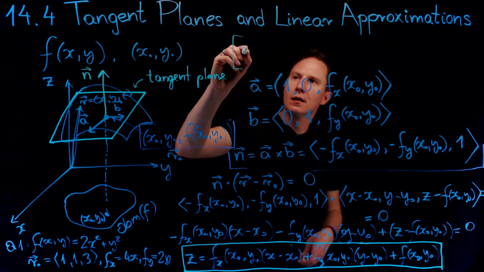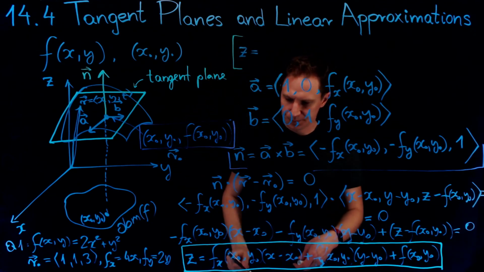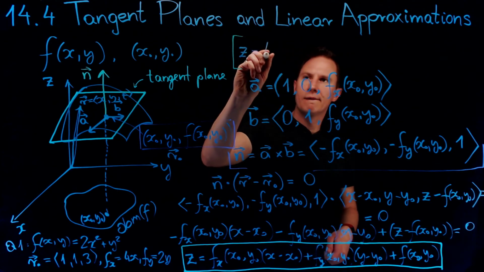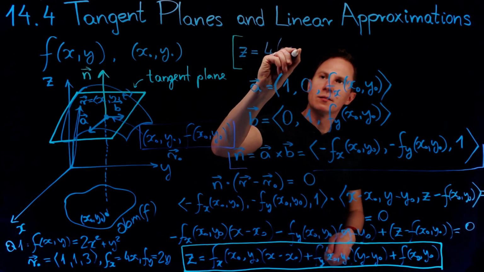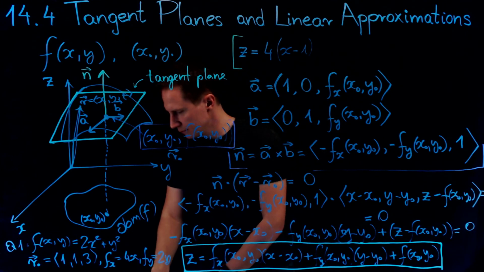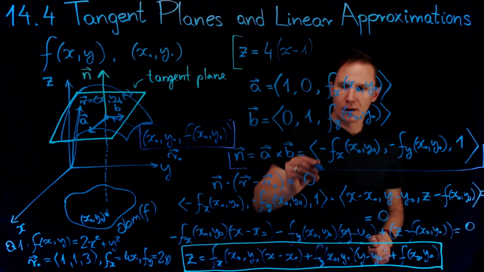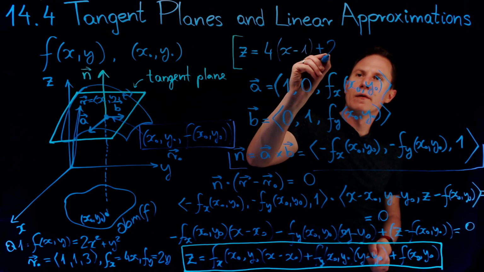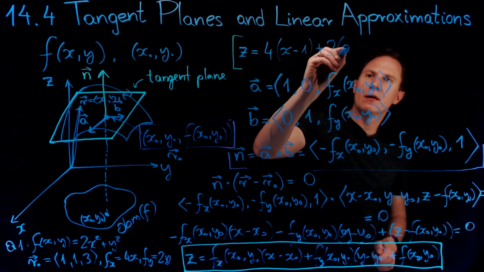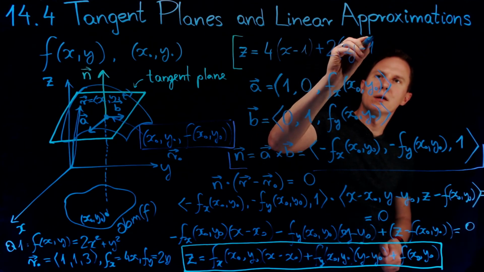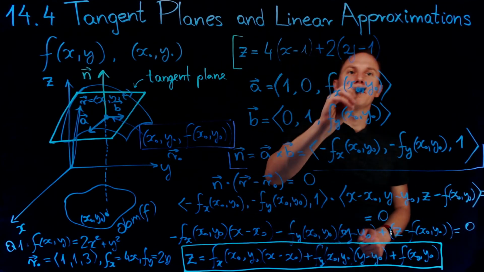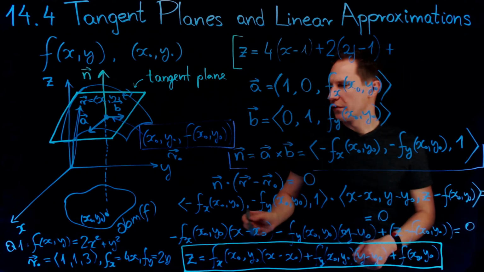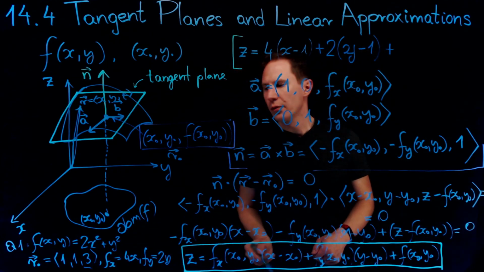z equals 4 times x minus 1 plus 2 times y minus 1 plus the value of the function at that point, which is 3.